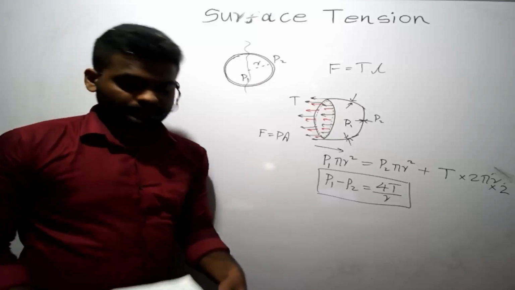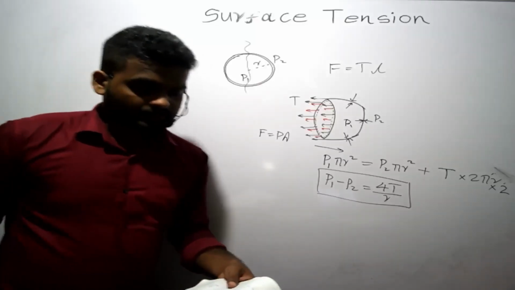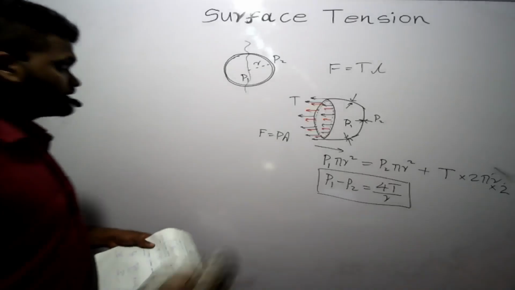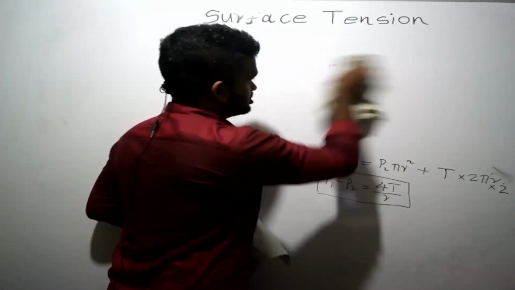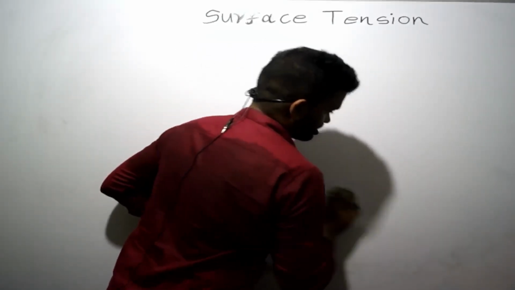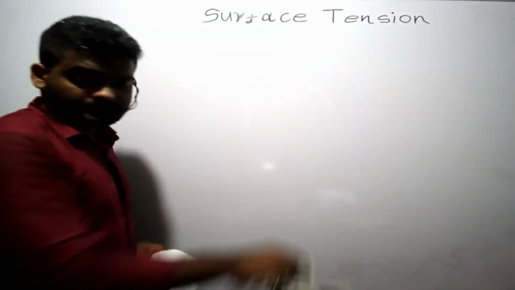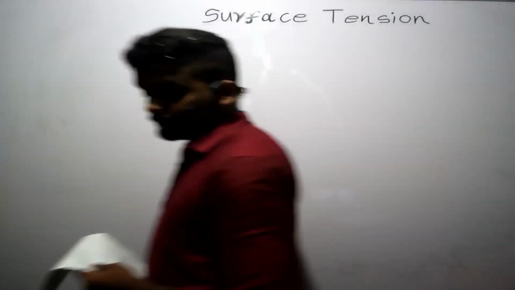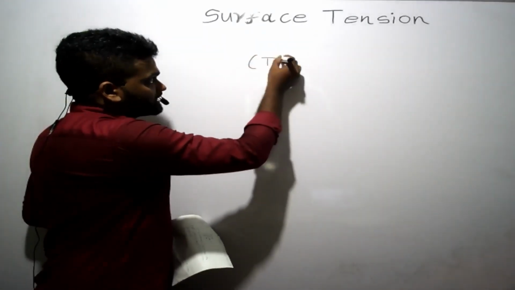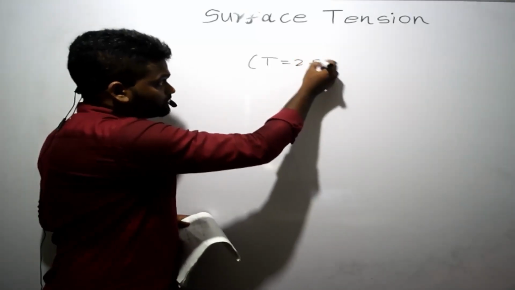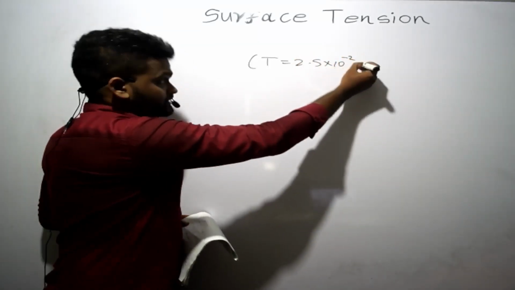Okay, write down a question. Find the excess pressure in a soap bubble with radius 2 millimeters, within brackets surface tension given for soap, that is 2.5 times 10 to the minus 2 newtons per meter.